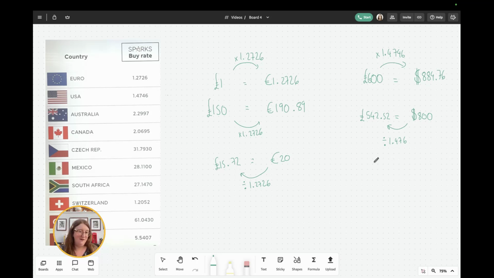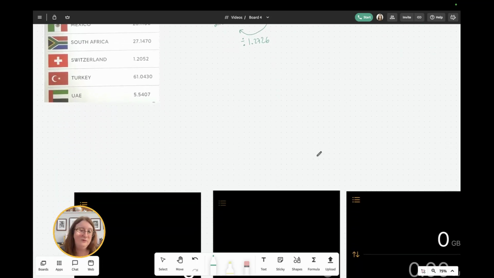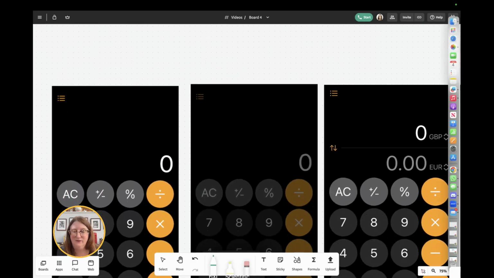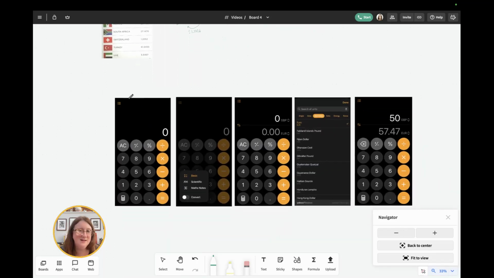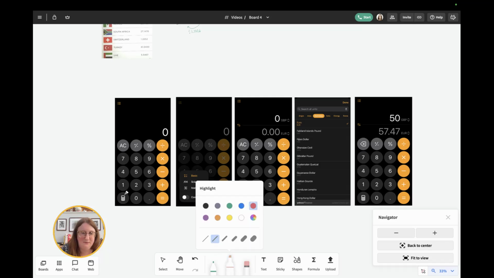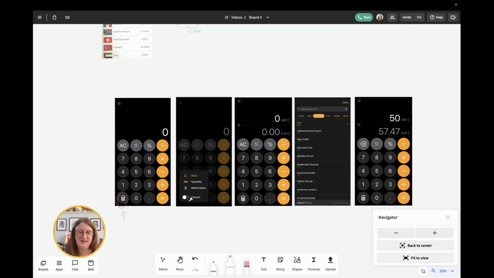Now, if you are wanting a little shortcut here, the iPhone, which is my choice, has a convenient little feature. Inside its calculator, I'm just going to change my pen for a highlighter here, and press this button down here, okay, it will bring up this setting, and you've got a convert option here.